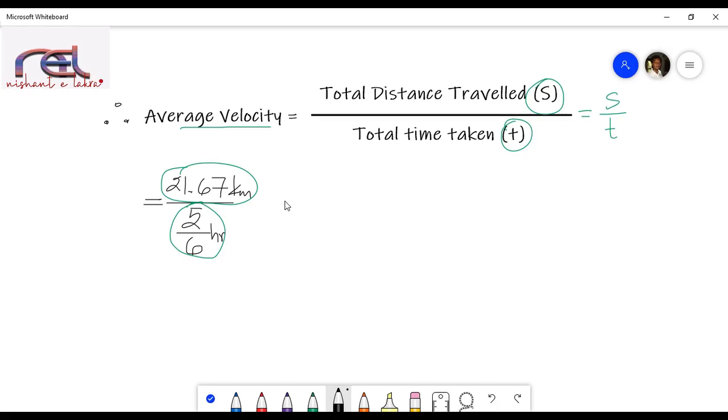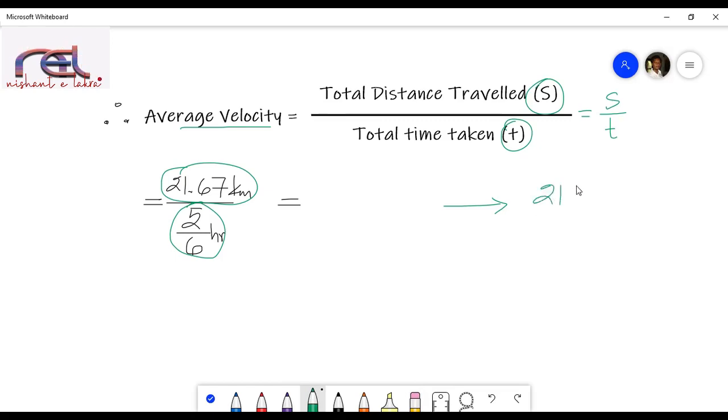We'll simplify this, and I will help you understand how to simplify it. 21.67. What we are going to do is remove the decimal. So I'll erase it and write this number without the decimal: 2167.